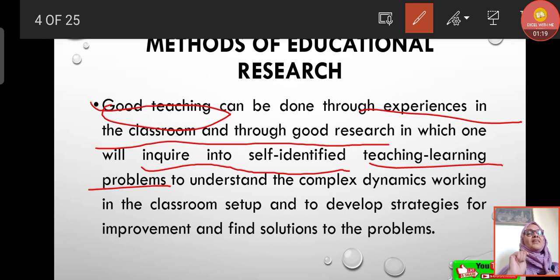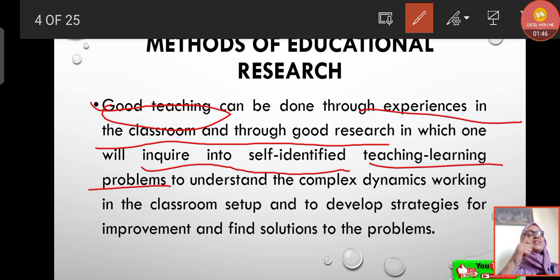Why? To understand the complex dynamics working in the classroom setup, because learners are the main focus point for us. If the learners learn things nicely, then everything will go smoothly. So that's why, to identify those classroom problems, the teacher has to be alert, self-identified.